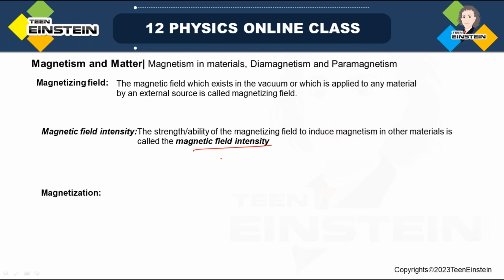This magnetic intensity is denoted by H, and it is the strength of the magnetizing field. So it is called magnetic field intensity.